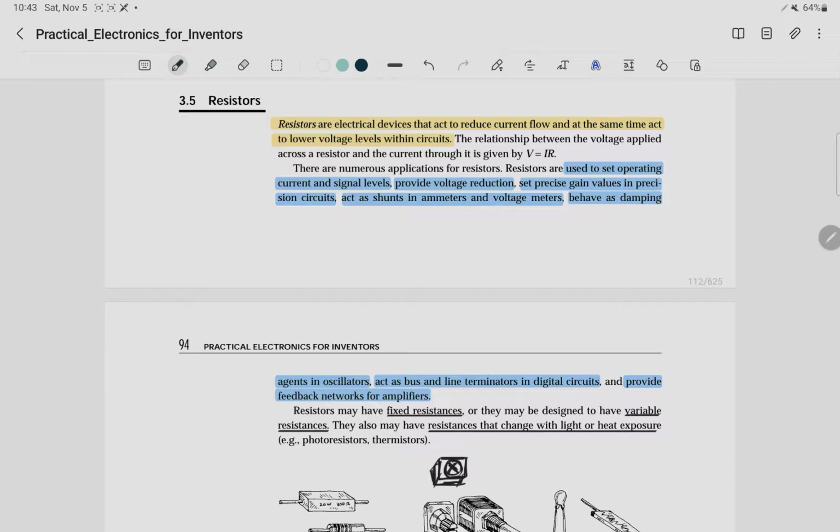So what is a resistor? In layman's language, a resistor is basically a device that you'd use in order to limit the amount of current flowing in the circuit, and probably get a voltage drop, which you need to power a certain device.